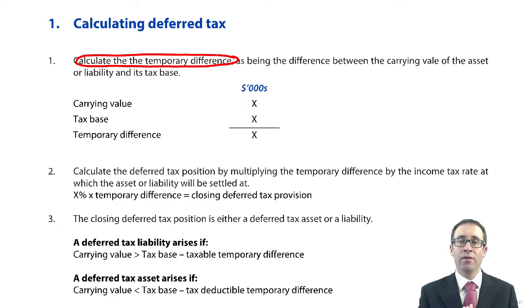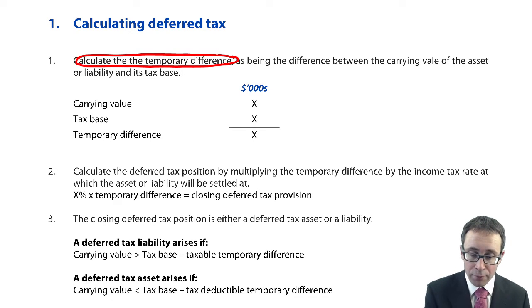So remember, under tax rules for PPE, you get yourself your tax depreciation or your capital allowances, if we talk in UK speak. So your tax base takes your cost less your accumulated tax depreciation or your accumulated capital allowances. And the difference between the two gave you your temporary difference.